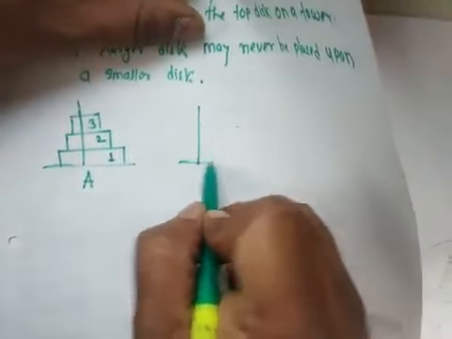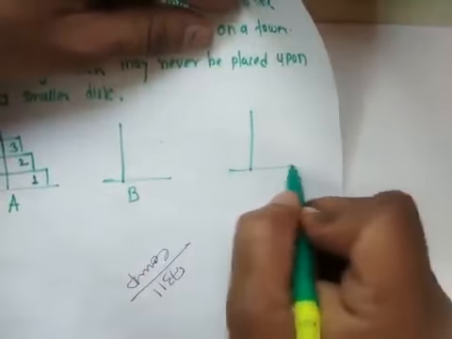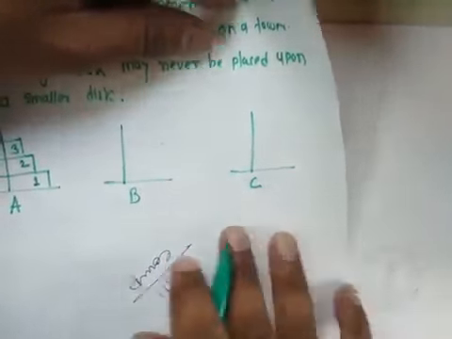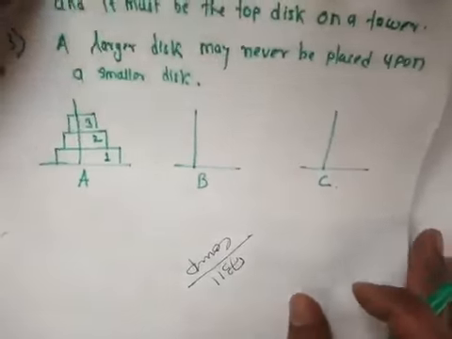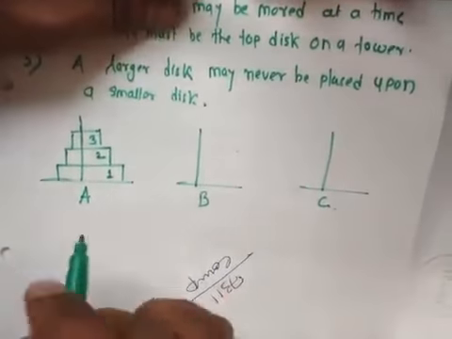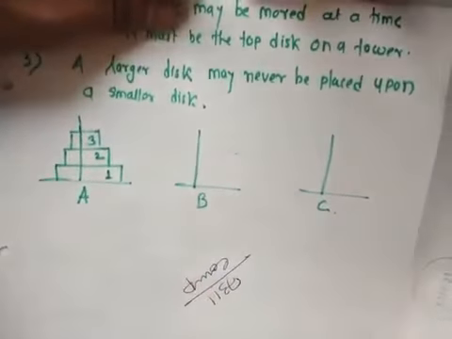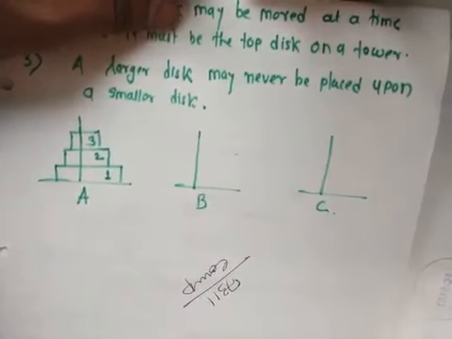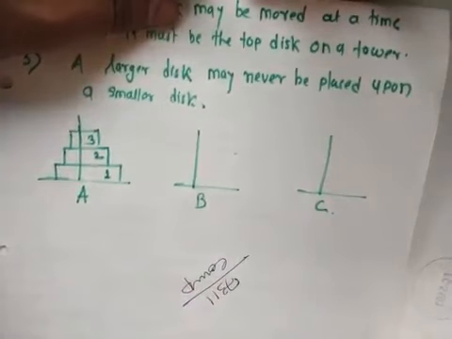So peg B, and this is peg C. So here the rule is what? First rule is, we can move only one disk at a time.